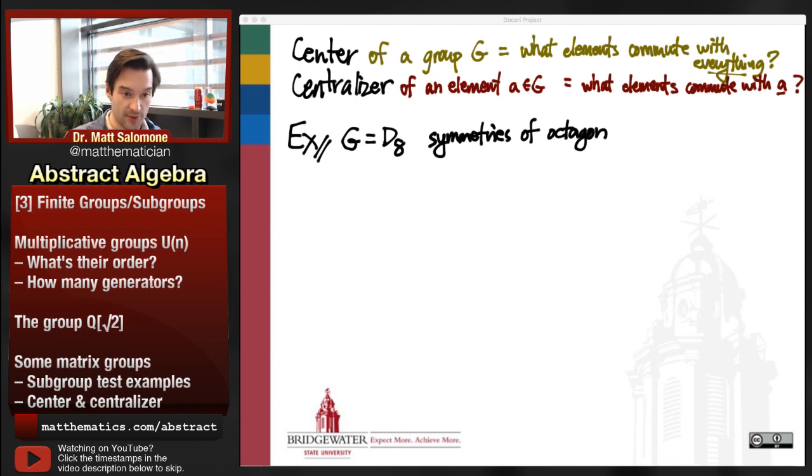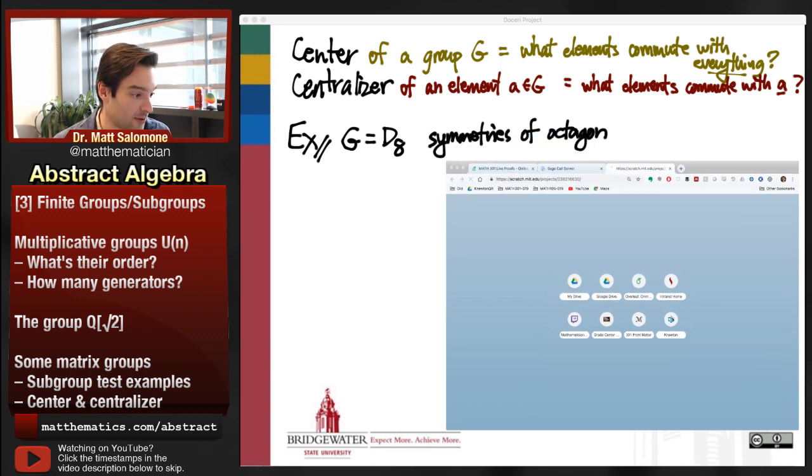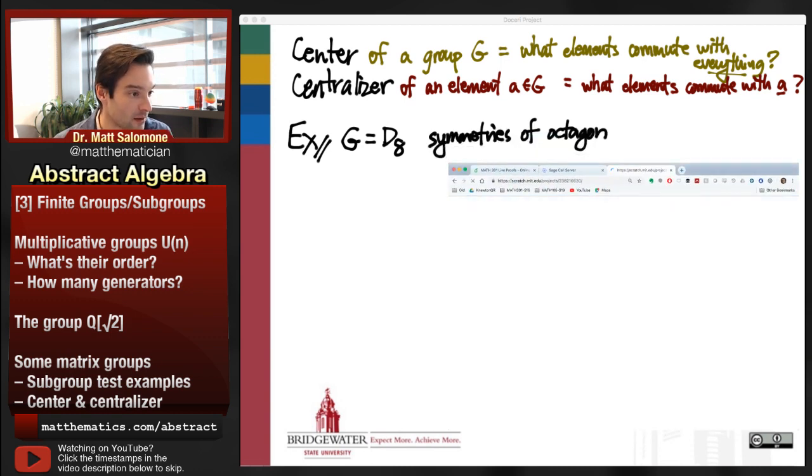Let's get up our tool in case we want to sort of graphically investigate some of these symmetries. This is our little Scratch app that we've been using to sort of shortcut our calculations in the dihedral group, as soon as this thing figures itself out.